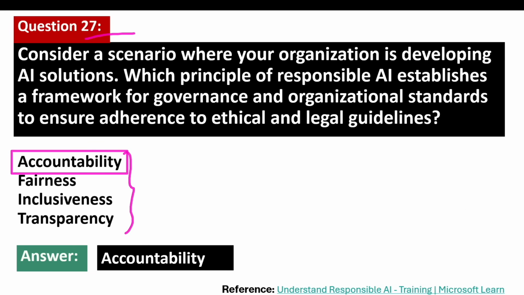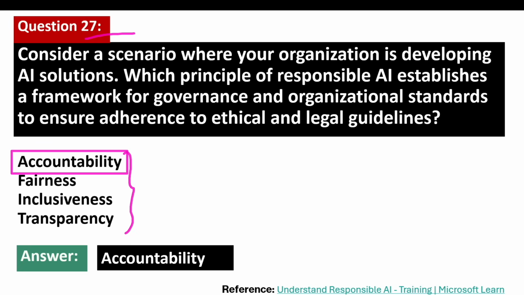So what is accountability? The principle of accountability within the Microsoft Responsible AI framework is pivotal in establishing a robust structure for governance and organizational standards. This principle ensures that AI solutions are developed, deployed, and monitored in strict adherence to well defined ethical and legal guidelines. Accountability mandates that organizations set up comprehensive governance frameworks that delineate clear responsibilities and roles.